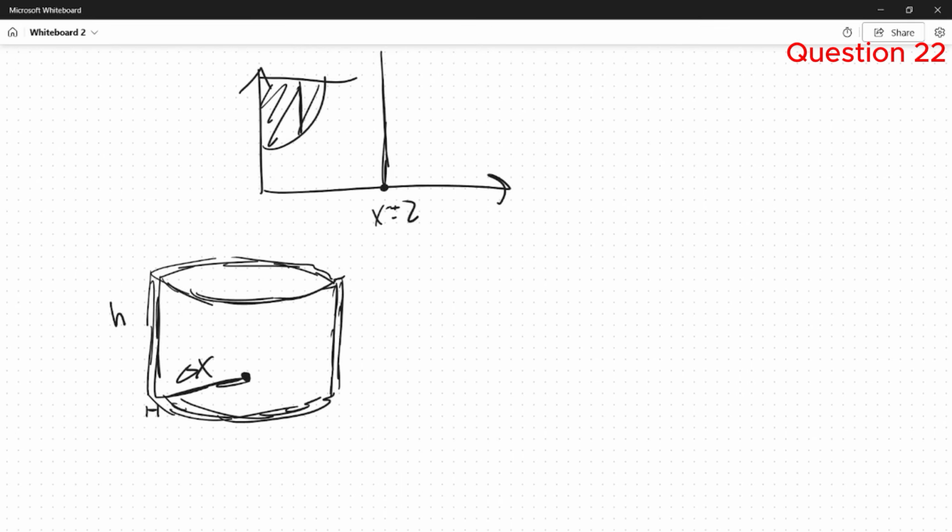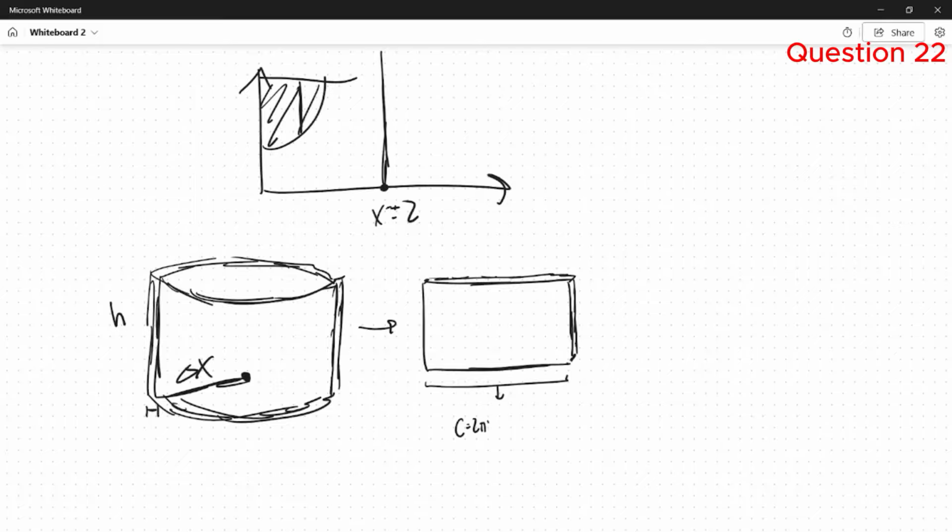But I think it's better if we look at this as a flattened out sheet of paper. Imagine this shell to be rolled up like a sheet of paper, but we're going to flatten out that sheet of paper and turn it into a very small rectangular prism instead. The width of this rectangular prism would be equal to the circumference of the shell.